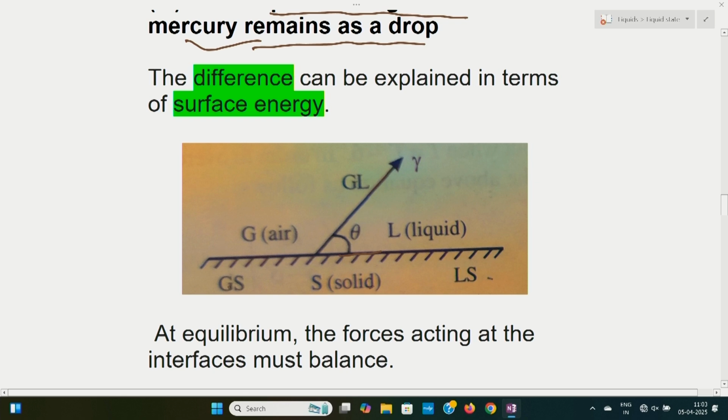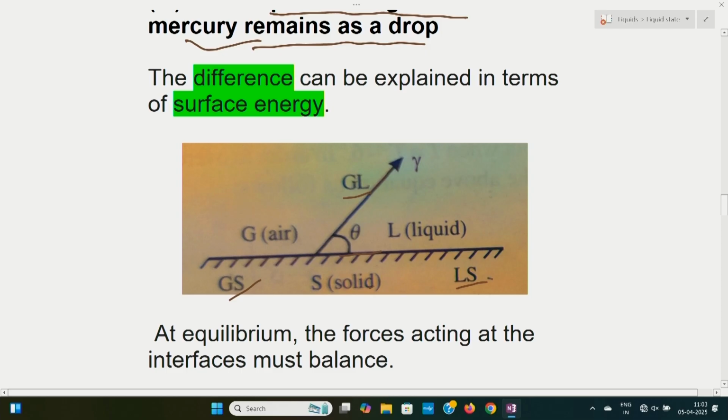This is the gas-solid interface. Here we have liquid and solid, therefore this is the liquid-solid interface. Here we have gas and liquid, therefore this is the gas-liquid interface.